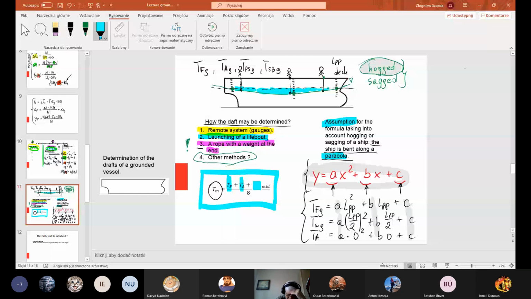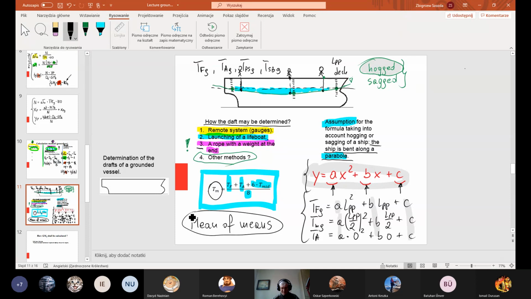Very often in ship operation, the name of such mean draft is mean of means. It is the draft that represents the mean draft of our ship under the assumption that the real water line, in the reference system related to the ship, it is important, is a parabola.